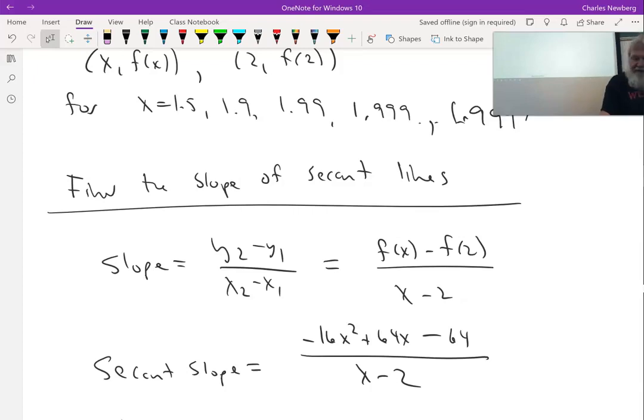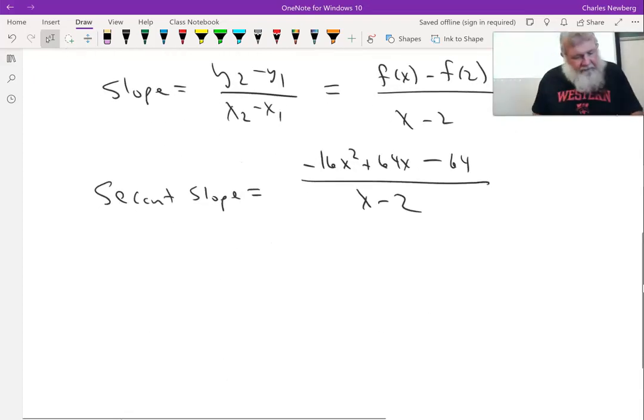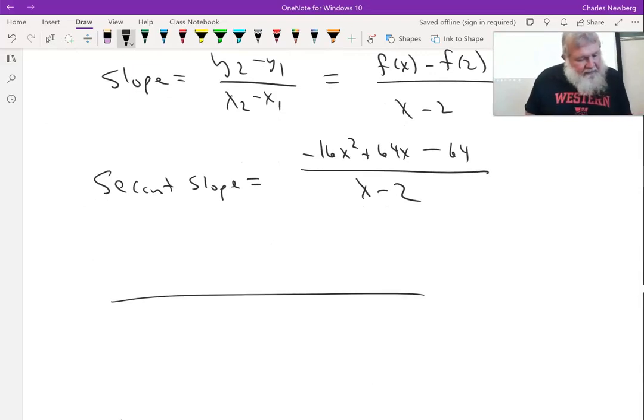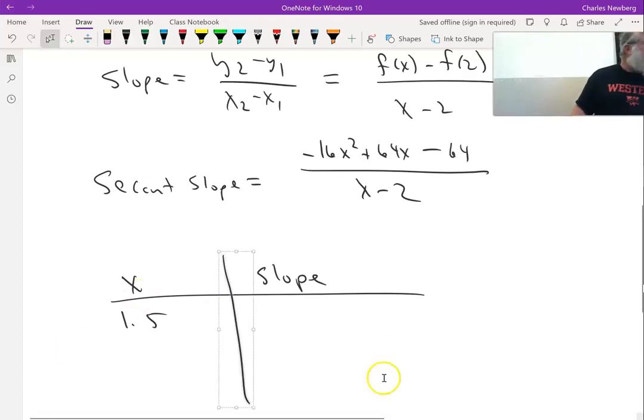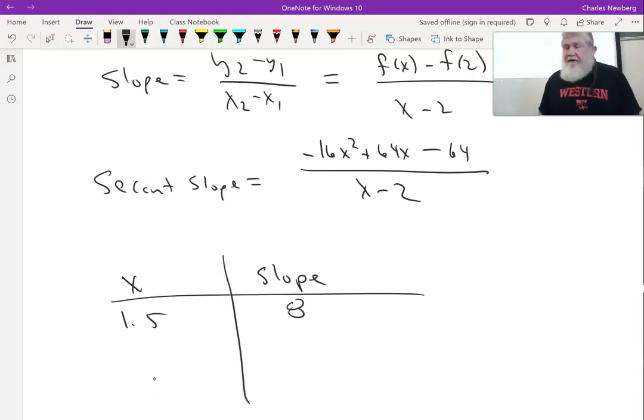All right, so our first x value, and so let me go ahead and put this here. We have our x, and we have what? The slope. So our first x value in this problem was 1.5. So let's put in 1.5 real quick. 1.5, and what is the slope of that secant line there? 8. Then let's put in the next one, which was what? 1.9.